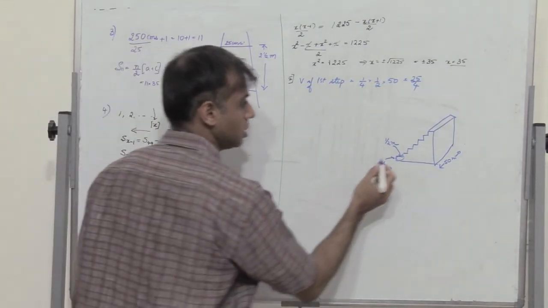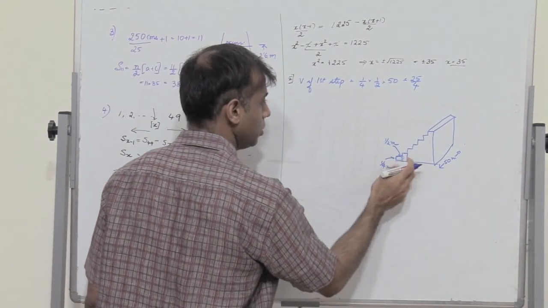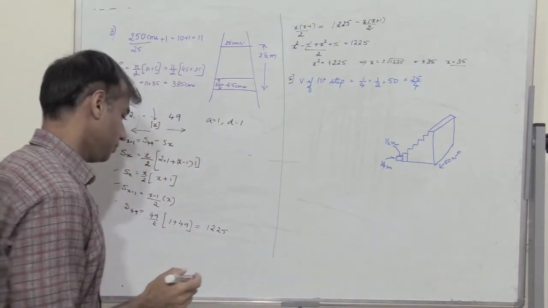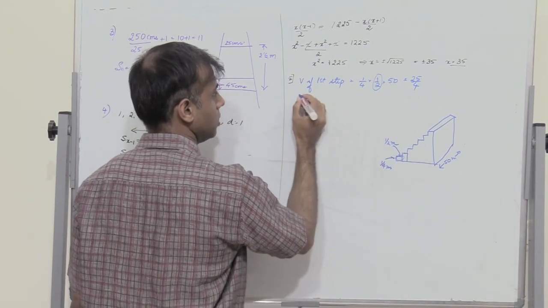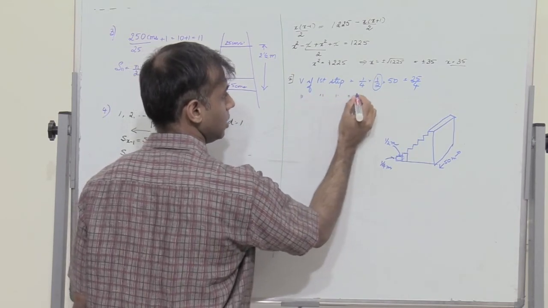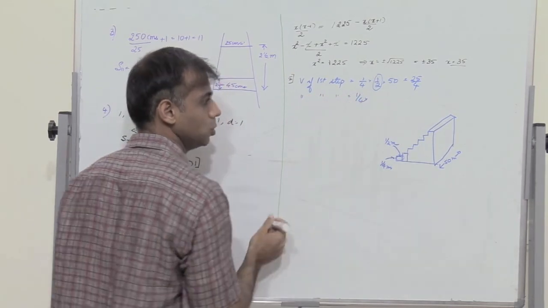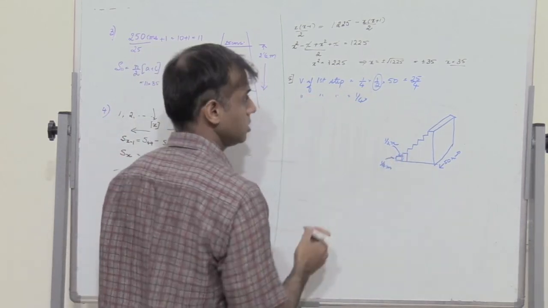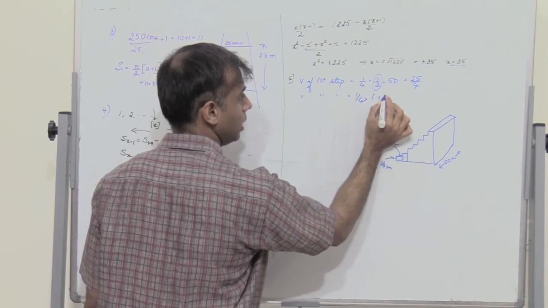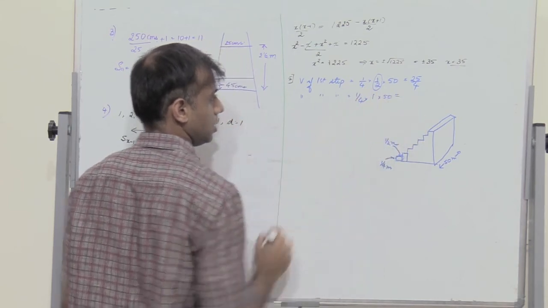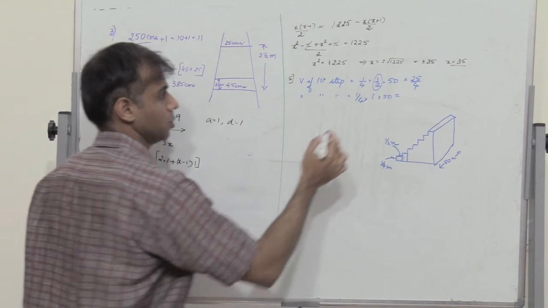Now let me consider the volume of the second step. Here, at every step, we find that the width increases by 1 by 2. So the volume of the second step is again 1 by 4 into, since the width increases by 1 by 2, 1 by 2 plus 1 by 2 is 1, into 50. Therefore we get 25 by 2.